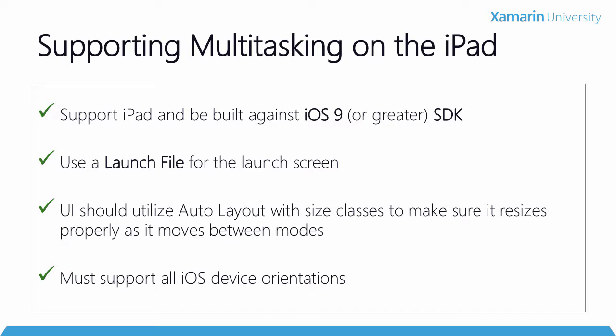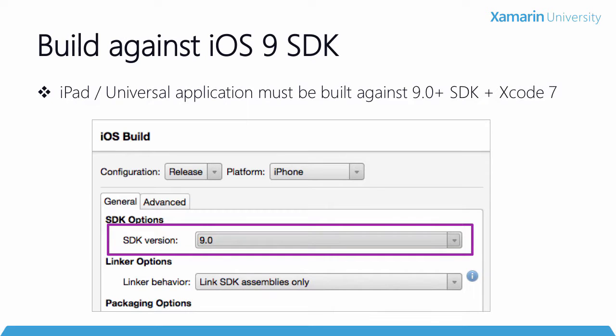If we're on portrait or landscape, if we're in the bar on the right hand side, or if we're in the split screen, we have a lot of different modes we could be in. So we want to make sure that we properly resize. And we have to support all of the iOS device orientations. So let's take a look at these one at a time.